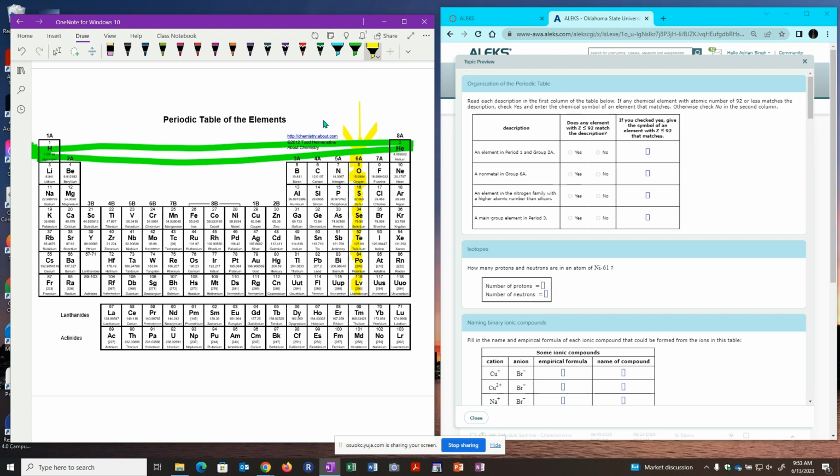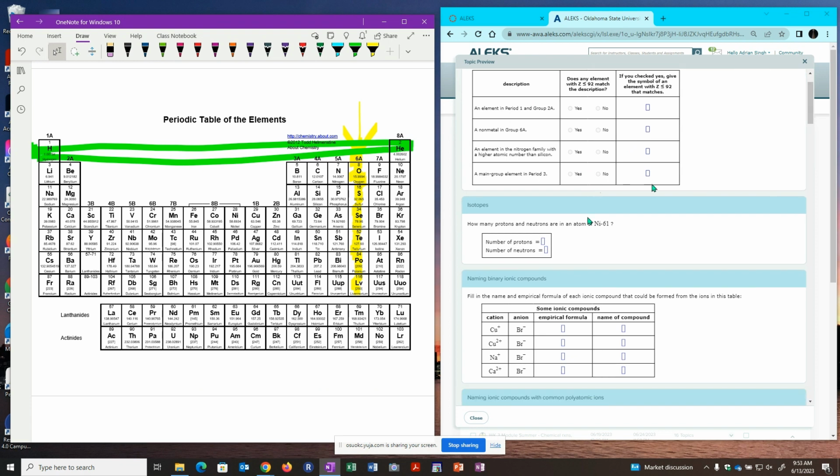And you can select any of these: oxygen, sulfur, selenium, tellurium, etc. Well, you want to pay close attention, actually, because as you go down, you do encounter your metalloids down here. So oxygen, sulfur, selenium would be options. So if you checked yes, which you should for here, give the symbol of the element, and then you can put uppercase O, uppercase S for that. So that's the way you want to navigate that first question of the organization of the periodic table.